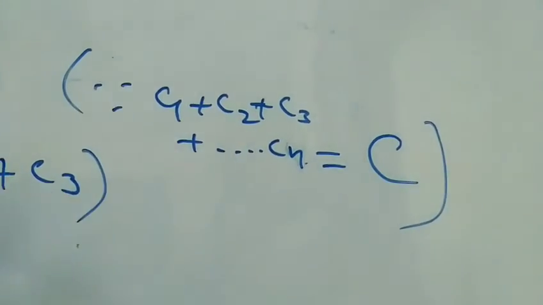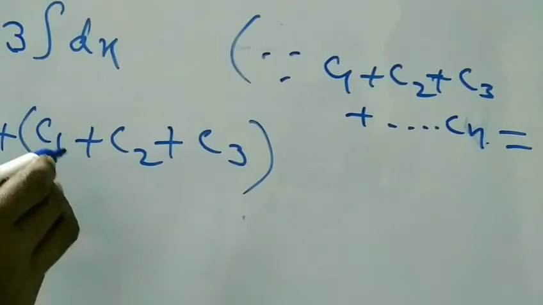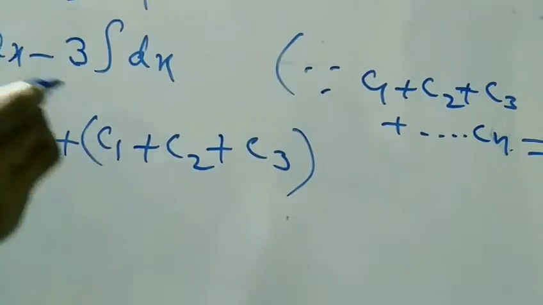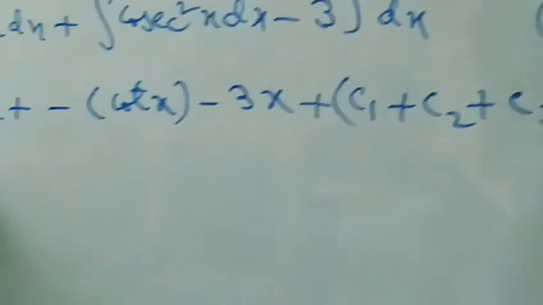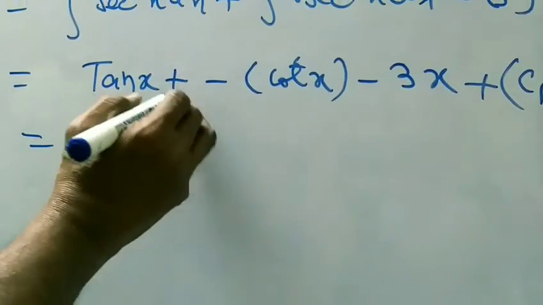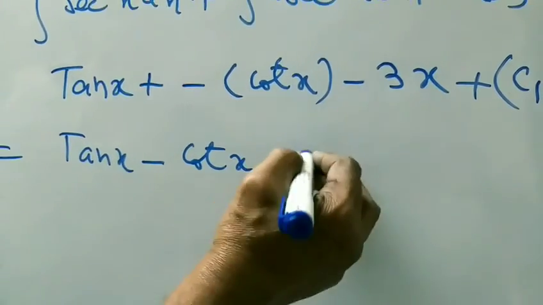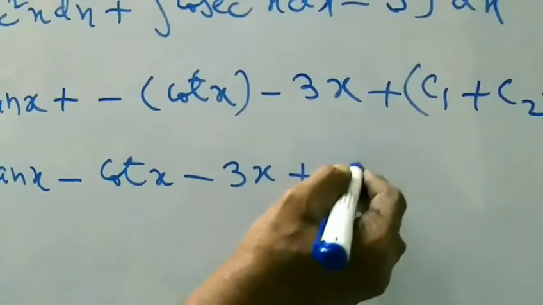According to this, we write in place of c1 plus c2 plus c3 the arbitrary constant C, so it is tan x minus cot x minus 3x plus C.